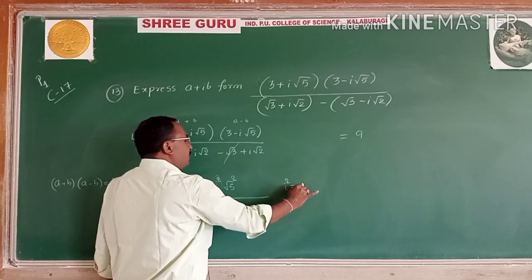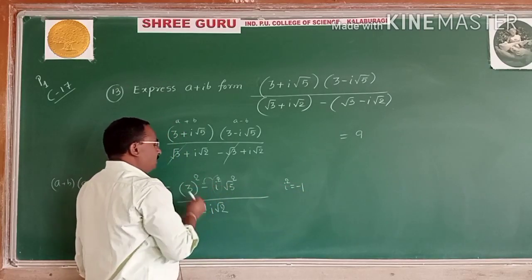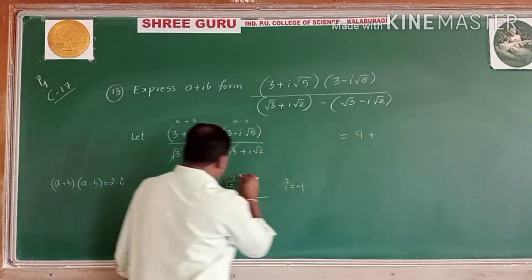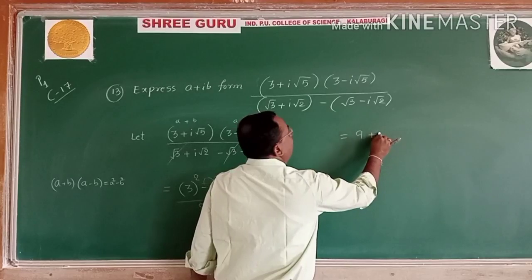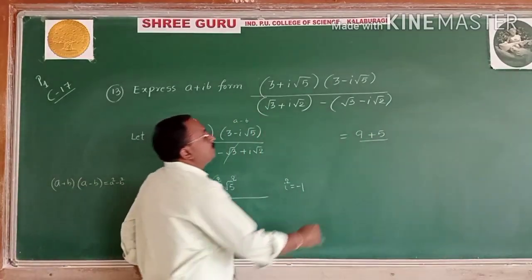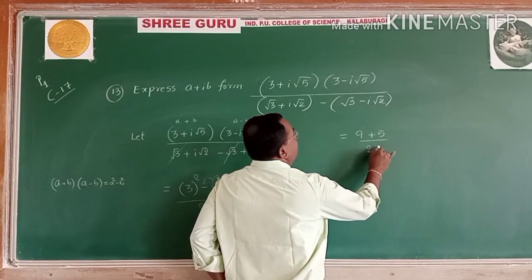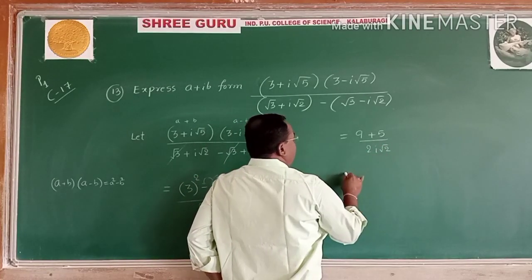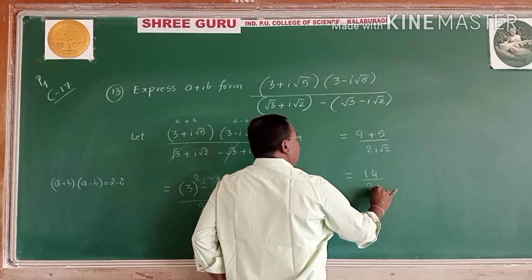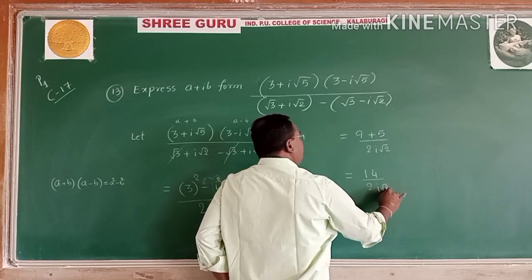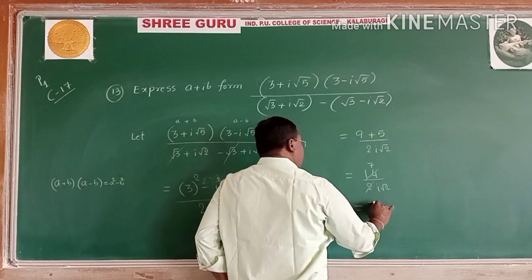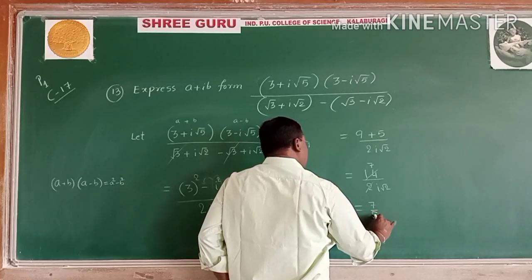I square value is minus 1, so minus minus becomes plus 5. Square and root get cancelled. 9 plus 5 is 14, divided by 2 times i root 2. 2 ones are 2, 2 sevens are 14. That is 7 by root 2.